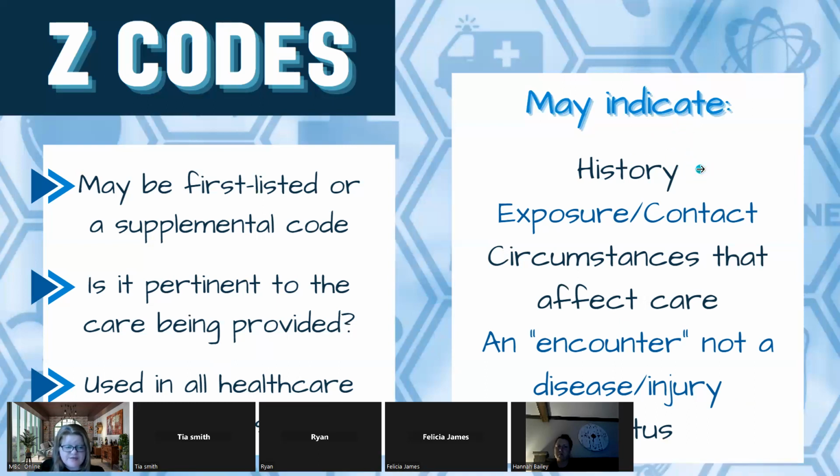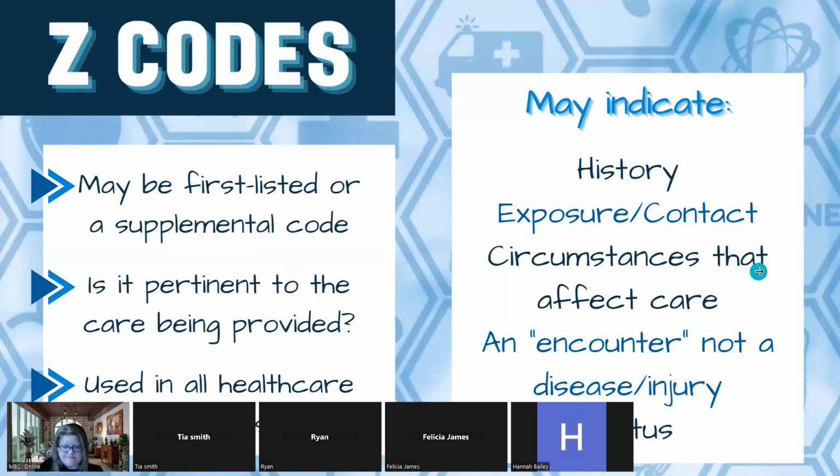It can indicate history, like history of cancer. If somebody comes in with a lump on their breast and their mom and grandmother had cancer, well, we definitely want to put that in their record, right? So she gets a proper screening. History of malignant neoplasm of the breast is the one specifically. But exposure or contact, if they've been exposed to tuberculosis or pneumonia, or had contact with an infectious disease, contact with somebody with COVID, something like that, that is pertinent to the care. We need to know those things, so we can rule that out.